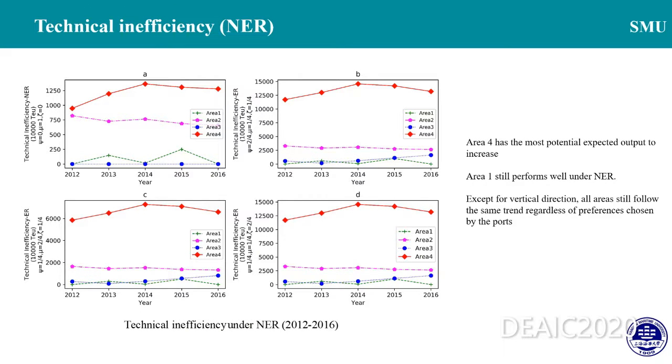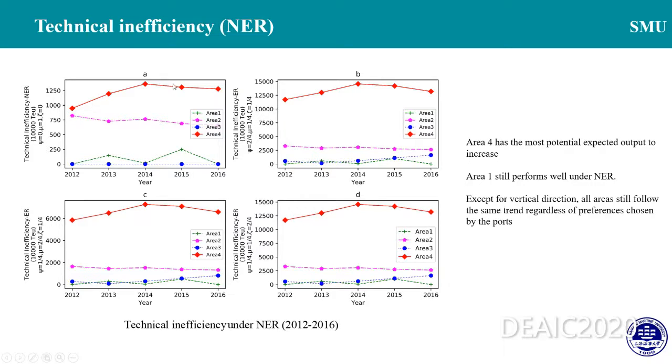This picture shows that we also measure the technical inefficiency for the 4 areas under non-environmental regulation. So this picture shows that no matter what direction is chosen, area 4 has the most potential desirable output to increase, which means it has the most technical inefficiency.